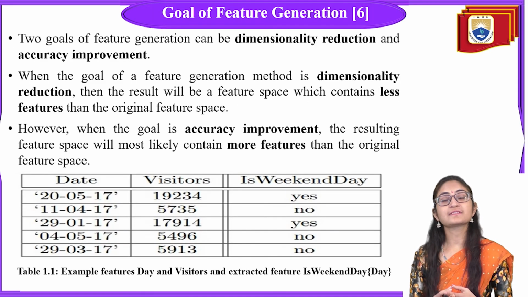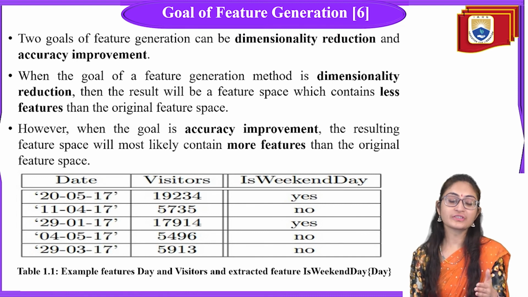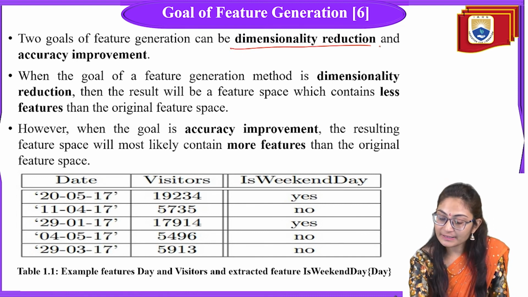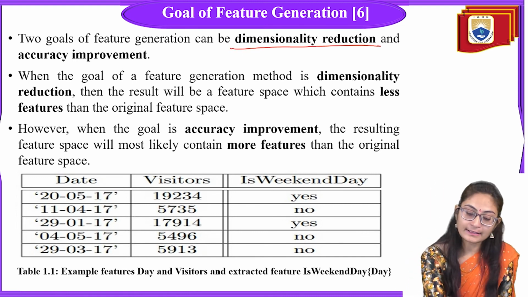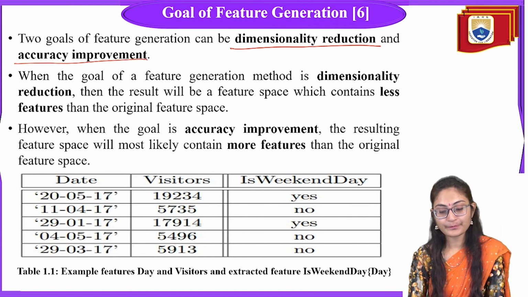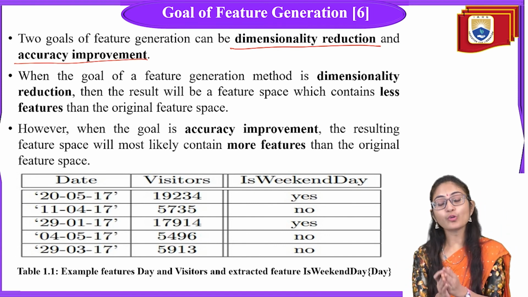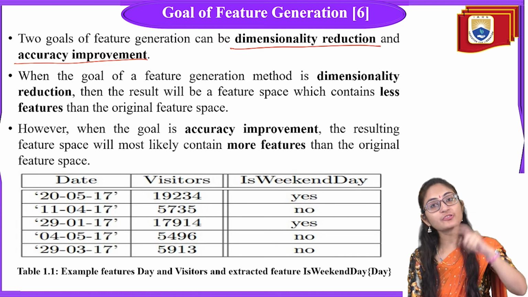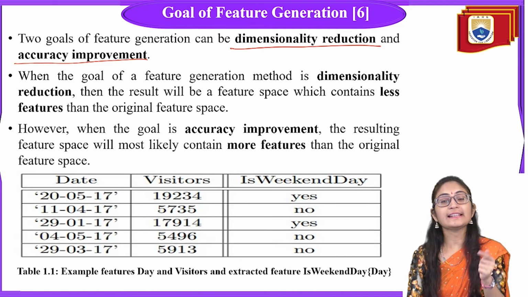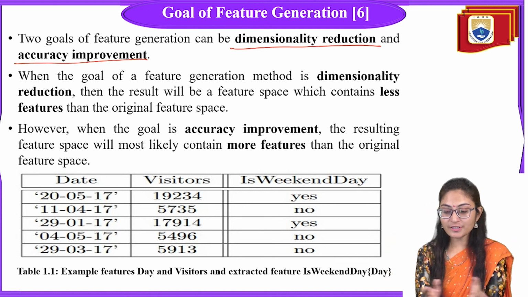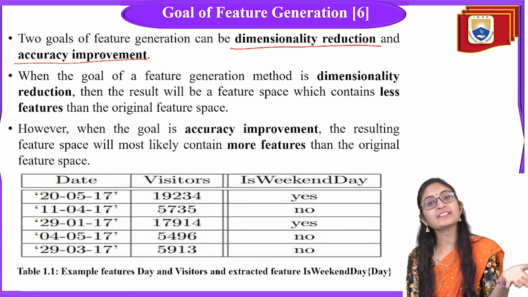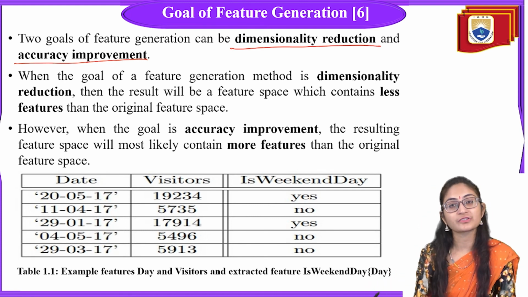There are two main goals of feature generation: dimensionality reduction and accuracy improvement. When the goal of feature generation is dimensionality reduction, it will result in a feature space which contains fewer features than the original feature space.